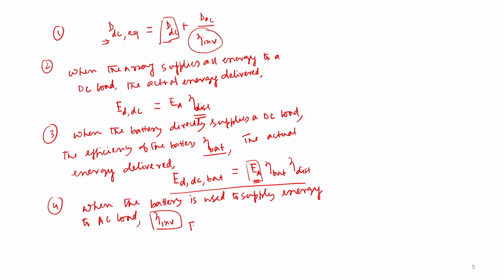Then the energy delivered will be E D AC battery, which is E A multiplied by battery efficiency, multiplied by inverter efficiency, multiplied by distribution efficiency.